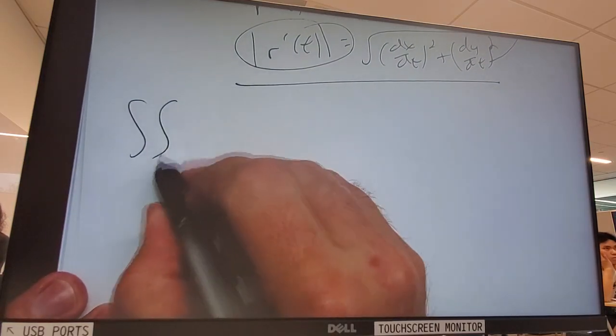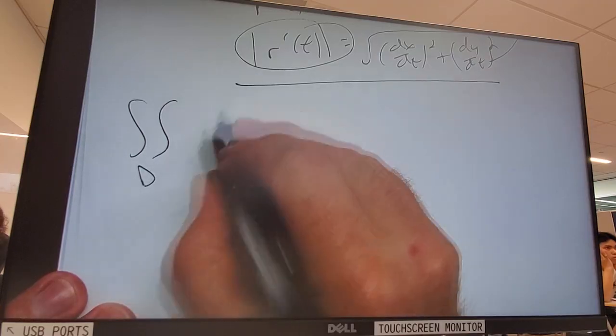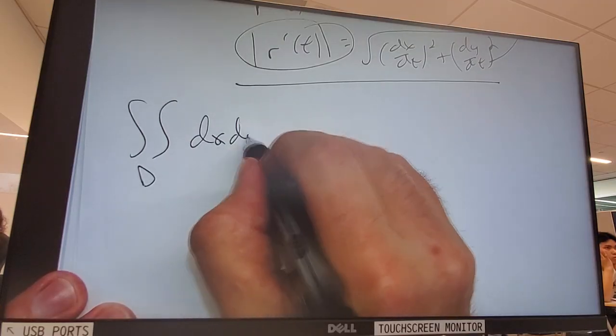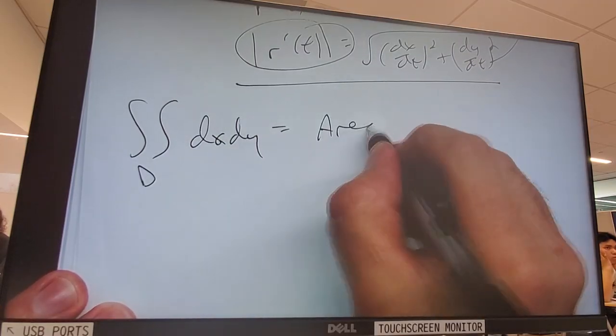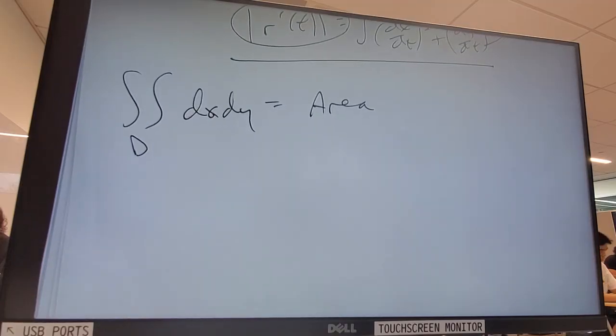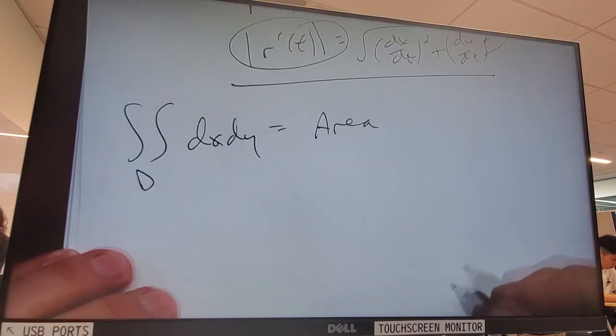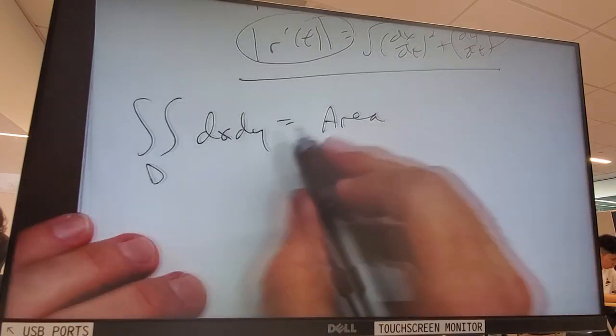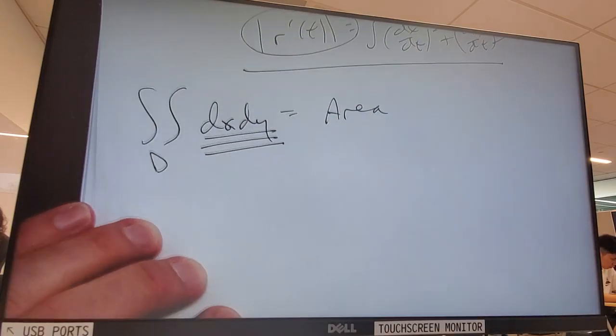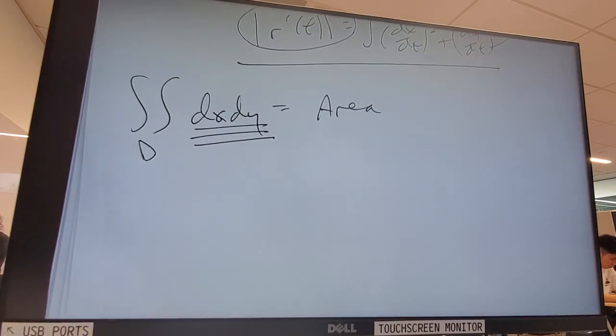If I double integrate across a region, dx dy, that gives me an area, because the inside is 1. This keeps track of how things are changing, how I'm scanning this region.